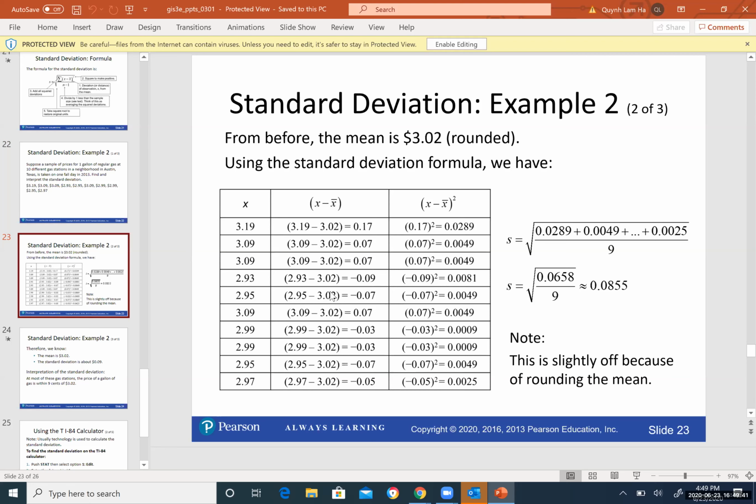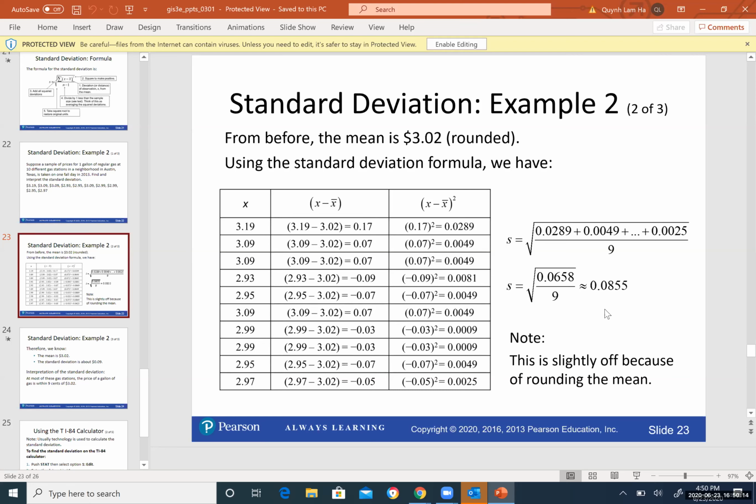To compute that, first you have to find the mean. Second, you take each individual x and subtract the mean. When you have that value, you square it. When you're done squaring, you add all of those values together and divide by n minus 1. In this case, we have 10 gas stations, so you subtract 1 from 10 and get 9. Don't forget to take the square root to get the sample standard deviation.